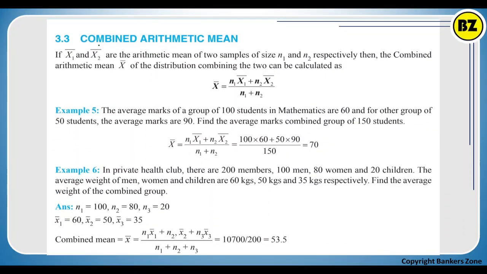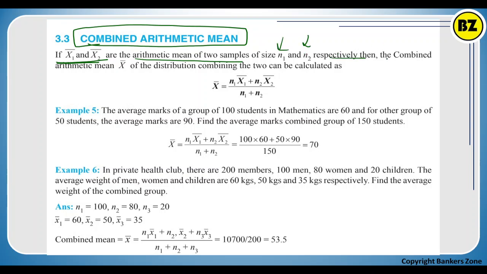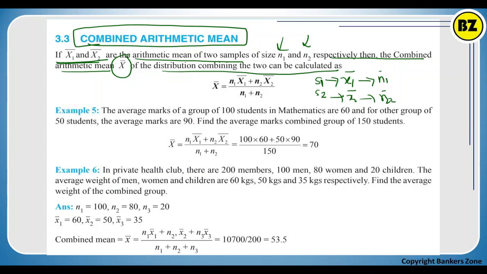What do you mean by the combined arithmetic mean? If x1 and x2 are the arithmetic means of two samples having sizes n1 and n2, then the combined arithmetic mean is given by the formula. We have samples s1 and s2, with means x1 bar and x2 bar, and the corresponding sample sizes n1 and n2.